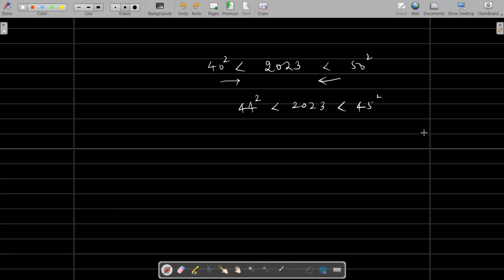And therefore, it's surely not in the 44th row, but it will be next to the 44th row. So 2023 lies in the 45th row, right? Lies in the 45th row. Okay? Yes. And 45 square, as Saket said, is 2025.